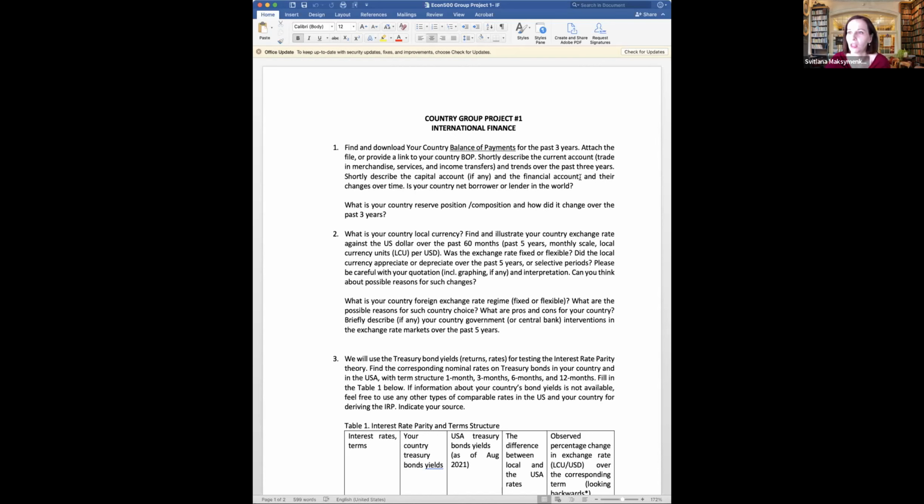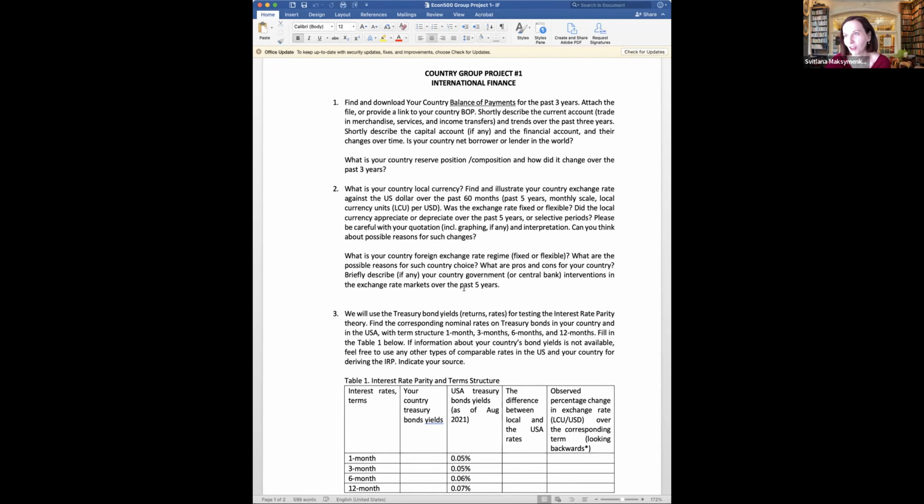They are also encouraged to visit the national central bank website of the country of their choice, and judge its foreign exchange rate regime and the motivation for such a regime. They discuss pros and cons of this regime for the country of their choice.